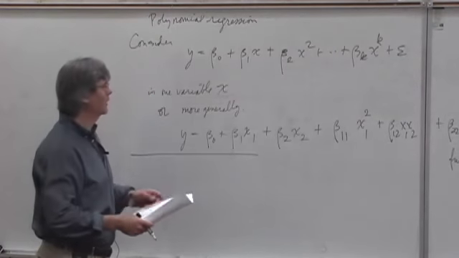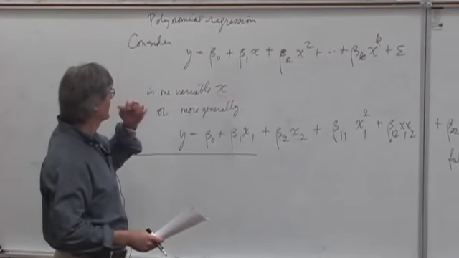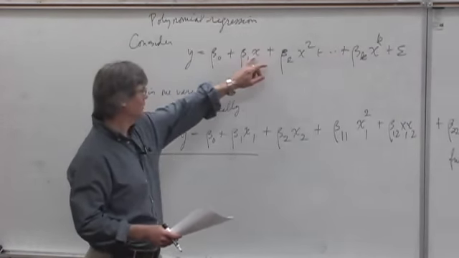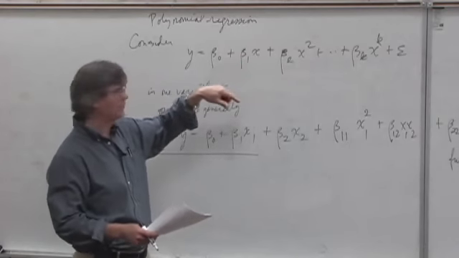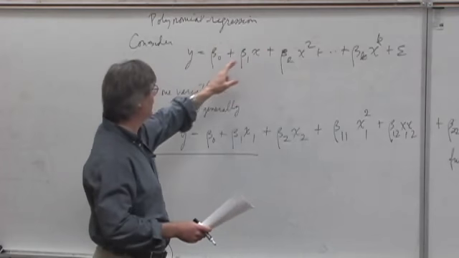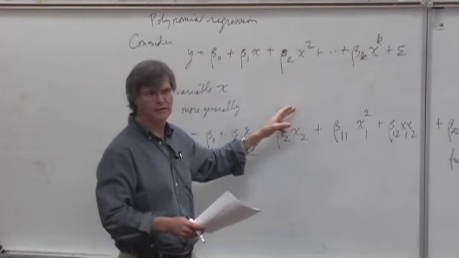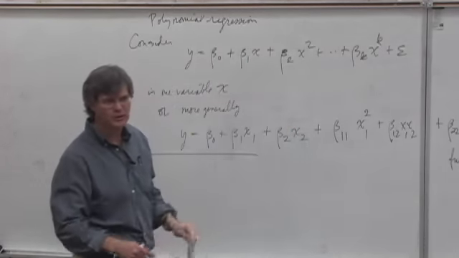What you're going to get is sometimes there's a lot of correlation between the regressors. Because what are the regressors? The regressors are 1, x, x squared. Sometimes that gives you a lot of correlation.